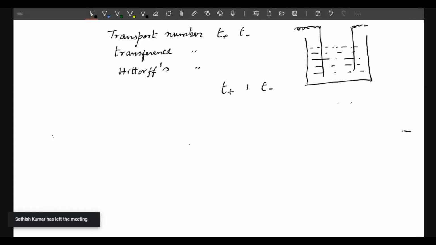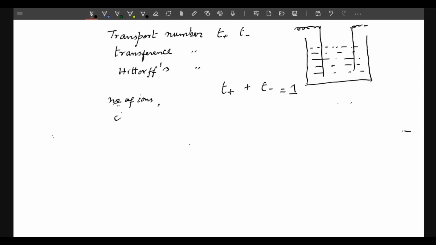The transport number or transference number, the sum of these two fractions, would definitely equal the whole current conducted. Therefore, the amount of current conducted by any ion depends upon three factors. One is the number of that ion present in the molecule.